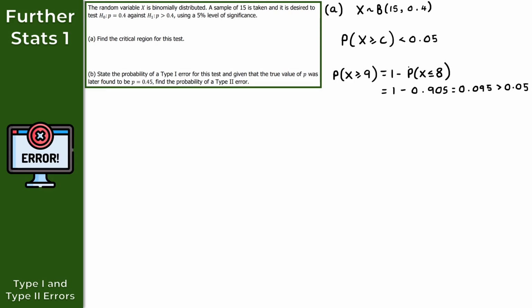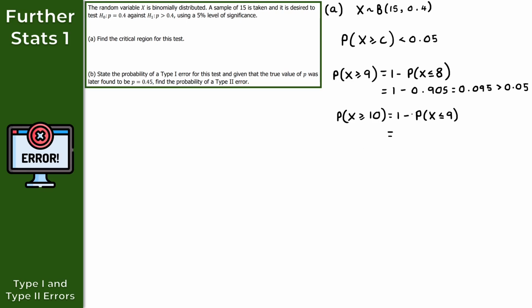So we need to keep going here because we haven't satisfied this condition. So let's keep going. We'd go larger for these values. So I'd have the probability that X is now greater than or equal to 10. Well, that would be equal to 1 minus the probability that X is less than or equal to 9. Again, just put this into your calculator.